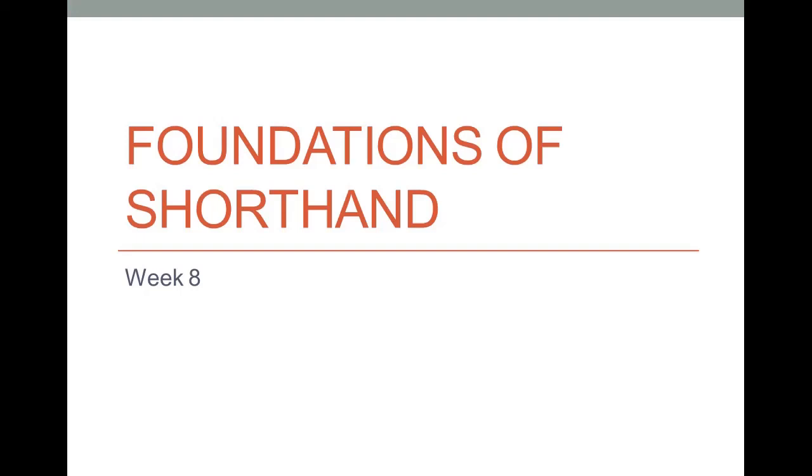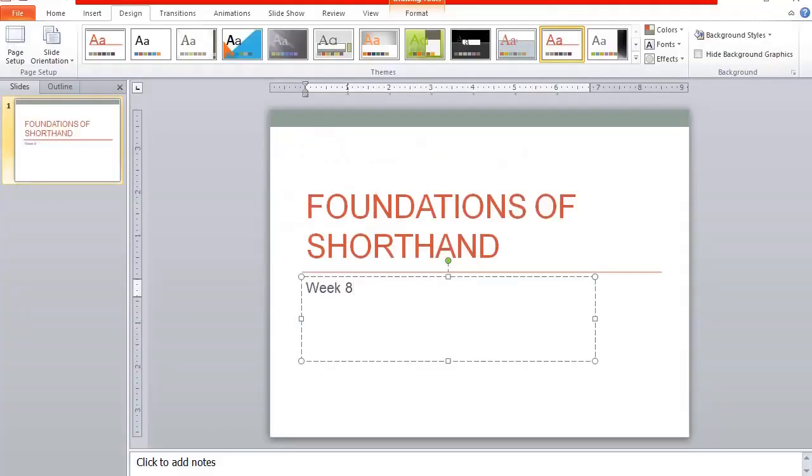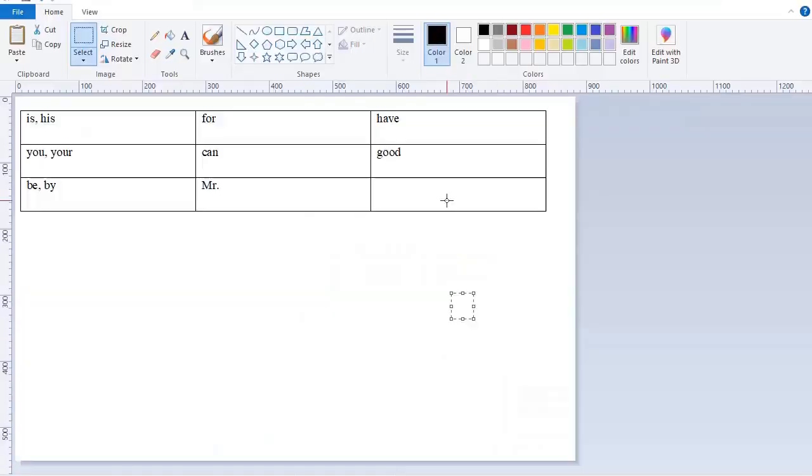So first, we're going to learn the strokes for our new set of brief forms. So, these are they. Okay? So, what is a brief form? Let me repeat. Brief forms are special words that use a single stroke, one or two strokes, to represent them. So, why do we have brief forms?